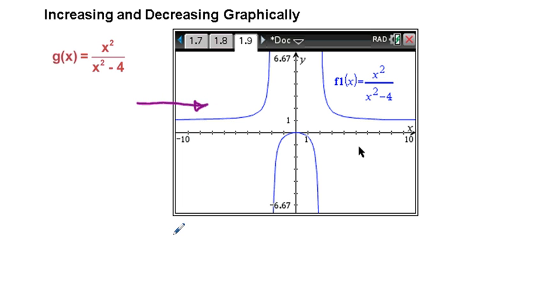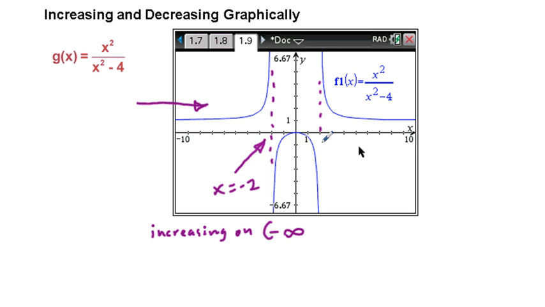So the function is increasing on the intervals of -infinity, and our critical number here is a vertical asymptote at x equals -2, and another vertical asymptote, drawn in with the dotted line, at x equals 2.